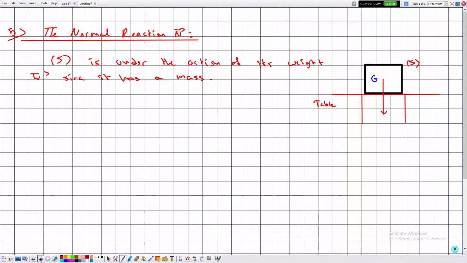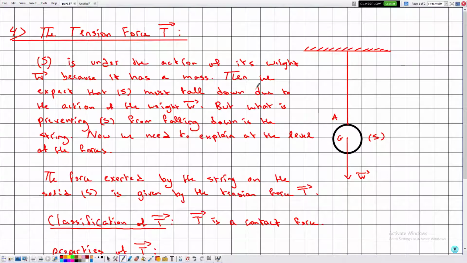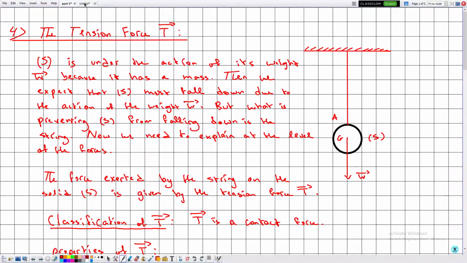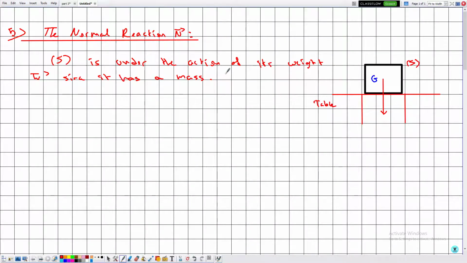So we expect that S will fall down due to the action of the weight.